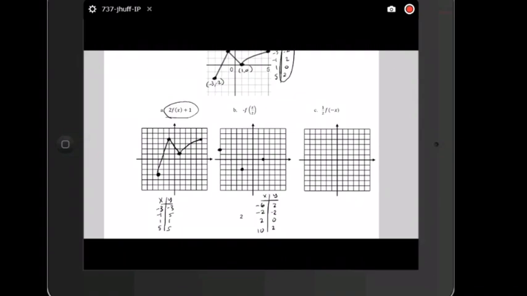Actually, you know what? This should be the opposite of that one, so that should be -2. Okay, 10, -2. There we go. That's why that wasn't working. 10, -2 would be about right here.